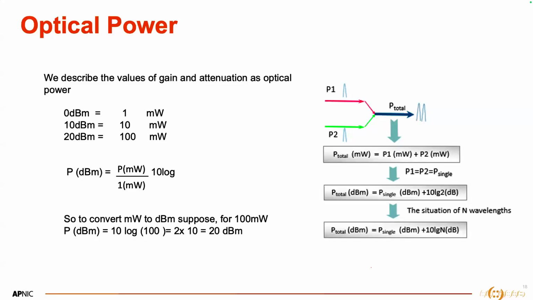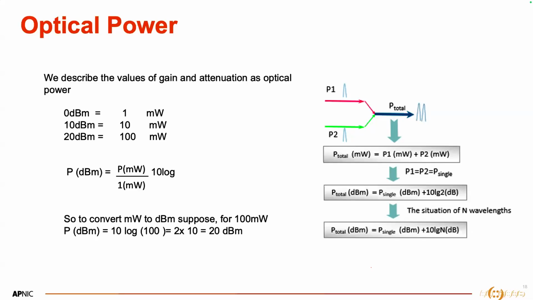So here in this example, the total power in dBm will be the single lambda power, that is the power of P1 or P2, plus 10 base log n, the number of wavelengths. Here we have two wavelengths, P1 and P2, so it will be 10 log 2 dB.